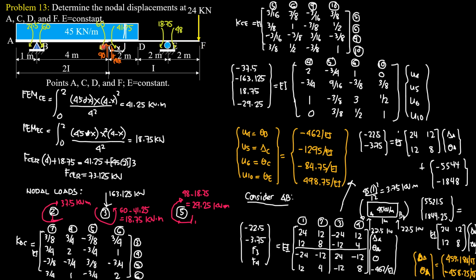If we consider F, then this 48 is 0 because we imagine that EF is fixed and the load is acting at the fixed support, so it will not contribute any fixed moment, but rather we have a reaction of 24 upward, which is the same as 24 downward for the loading at F. But don't mind that first. 48 minus 18.75 is 29.25 counterclockwise, the net fixed moment at E. So the nodal load at E, or node 5, would be opposite to that counterclockwise moment, so it is clockwise 29.25.